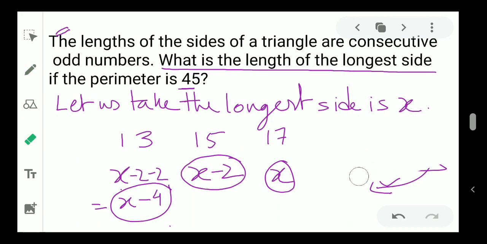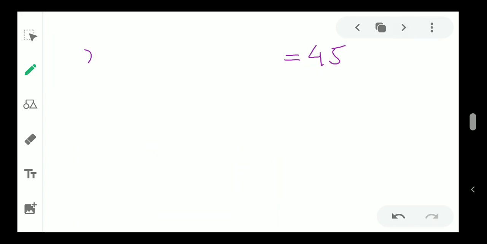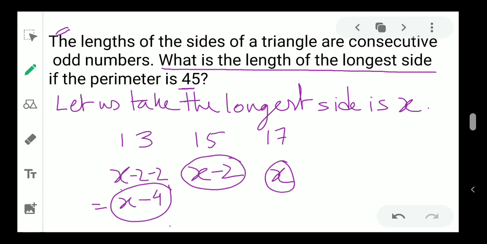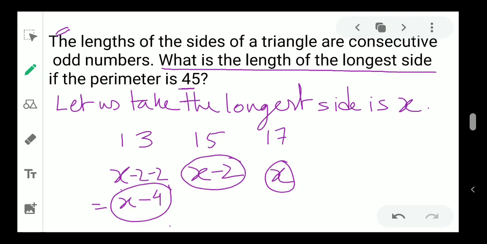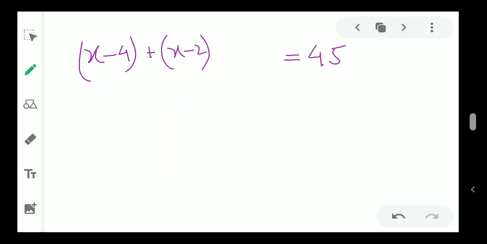So what is my first one? x minus 4, that is my first side. Second one is x minus 2. And finally I have the largest one, that is x. So this is my equation.